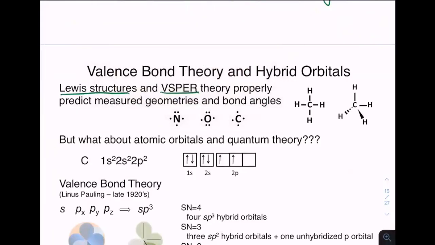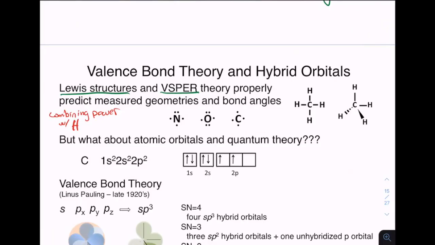We talked about the combining power with hydrogen, remember that idea? Back in Mendeleev's day, nitrogen will have a combining power of 3 when you mix it with hydrogen. Oxygen has a combining power of 2. Carbon has a combining power of 4.